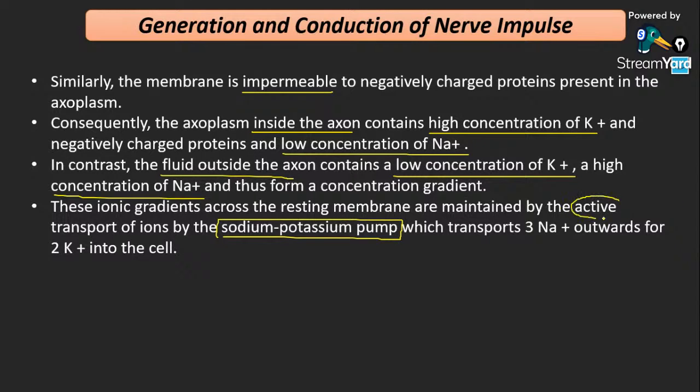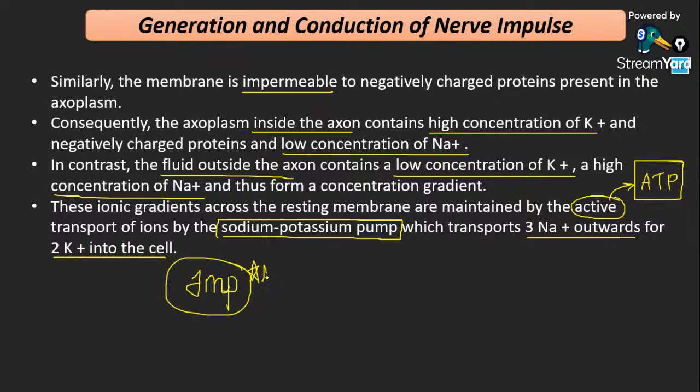Active transport. What do you mean by active transport? With the help of ATP molecule. We have seen, right? With the help of ATP molecule, 3 sodium outwards and 2 potassium into the cell. Important point over here. Just mark in your NCERT textbook, that is a previous year question for your NEET examination.